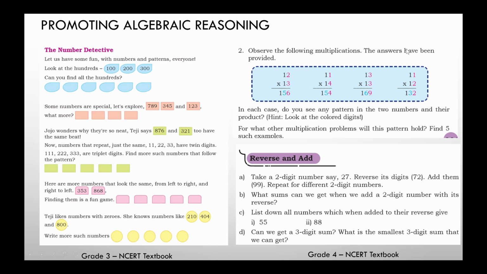So things like: take a 2-digit number, take its reverse, add them. What numbers can you get? Can you get only 2-digit numbers? Can you get 3-digit numbers? So we leave it just at the level of numbers, which when they start doing algebra in grade 6 or 7, they should be able to revisit and now use more generalized arguments, probably using symbols.